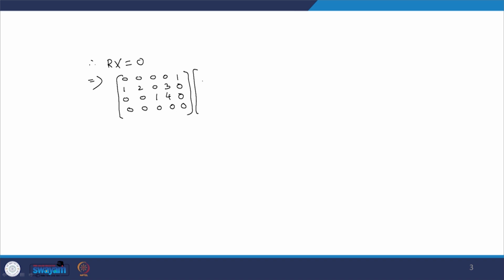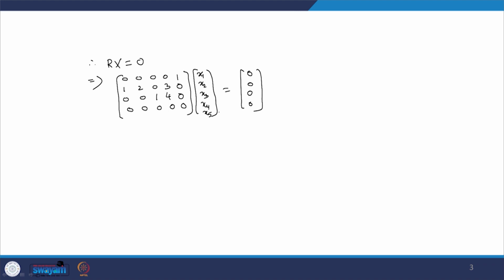Then I am saying that x equal to x1, x2, x3, x4 and x5, and this is equal to 0. So, my system is like this.